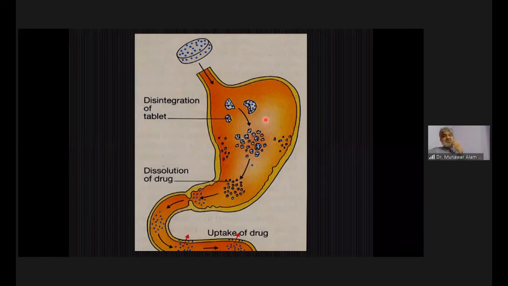This is because the drug disintegrates at the upper part of the GIT, which has an acidic pH. The acidic pH causes problems with the epithelium by inhibiting mucus formation.